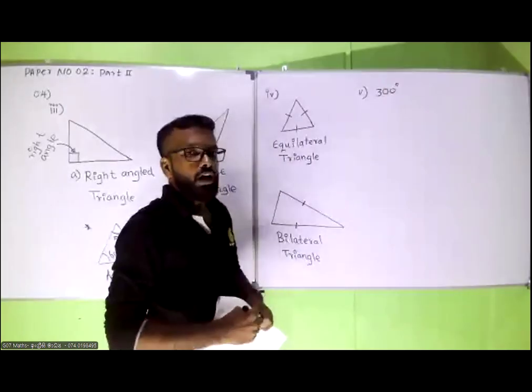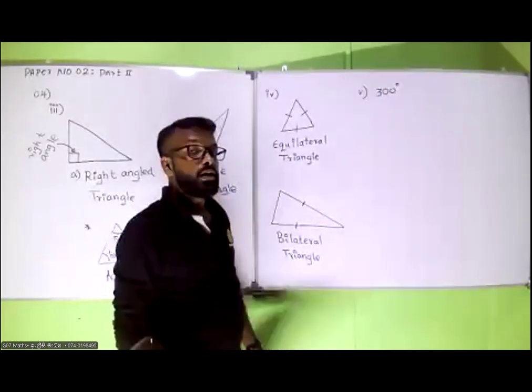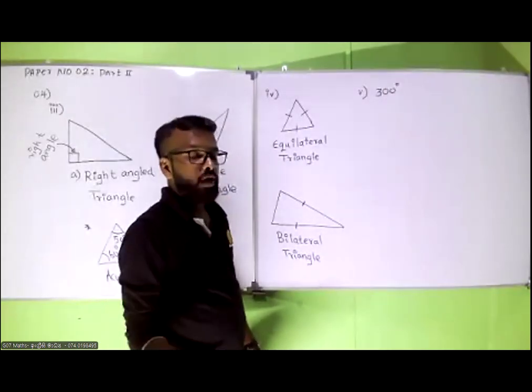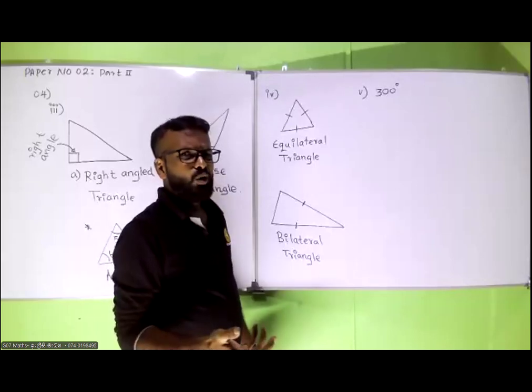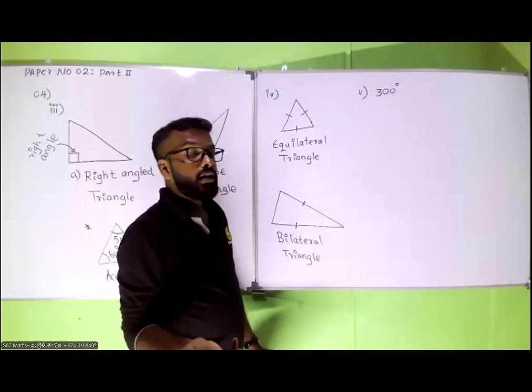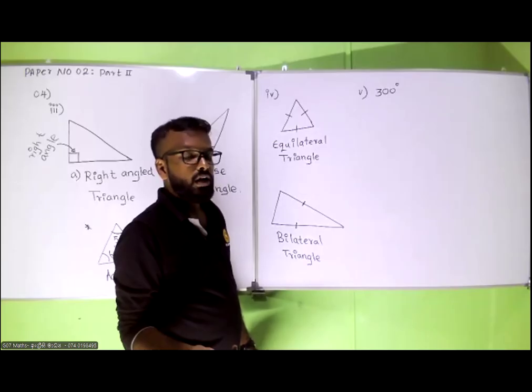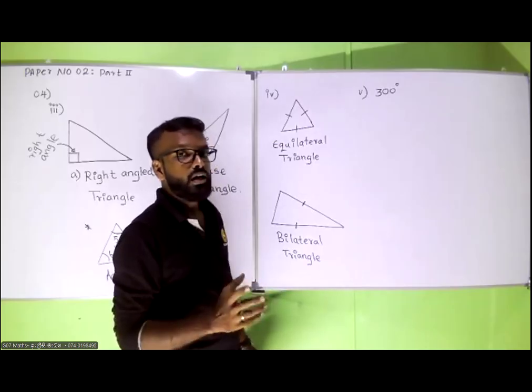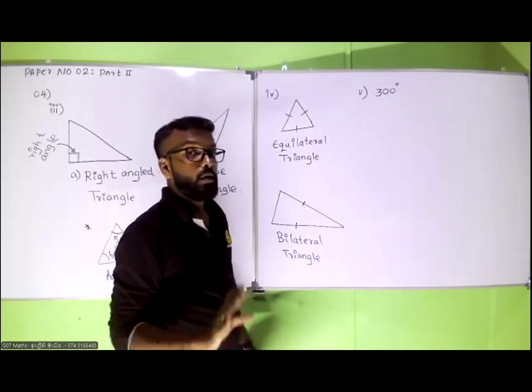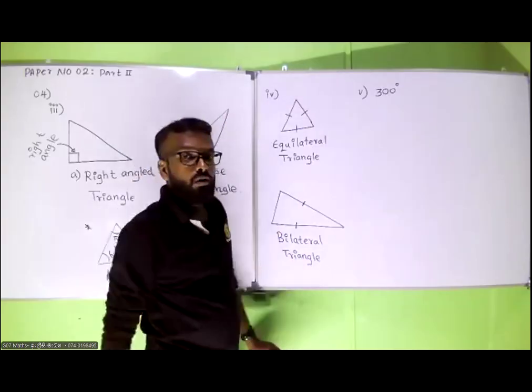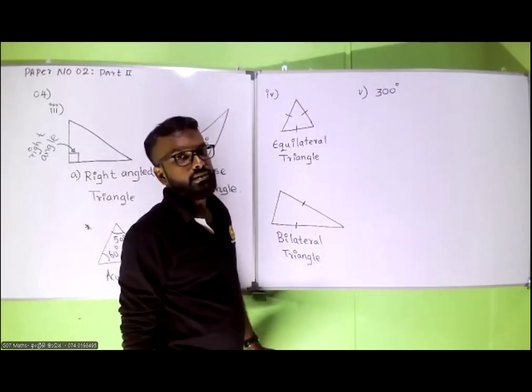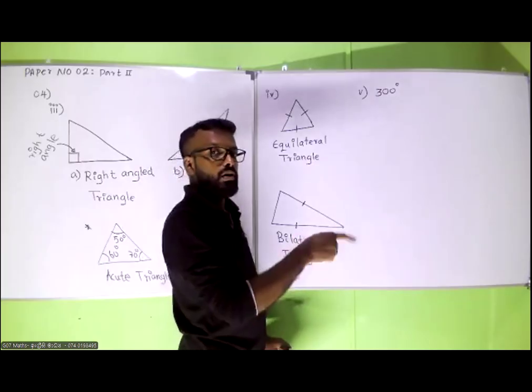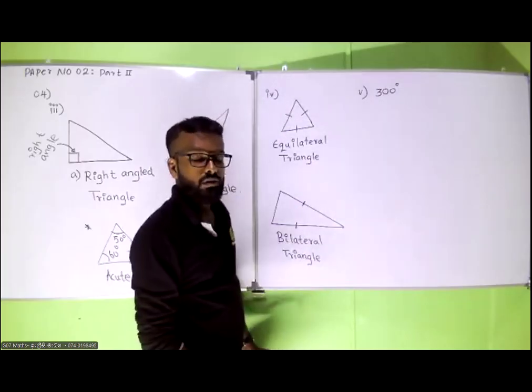This is more than 180, and in your protractor you have only 180 degrees. But you have to draw more than 180 degrees, so there is another angle to draw.